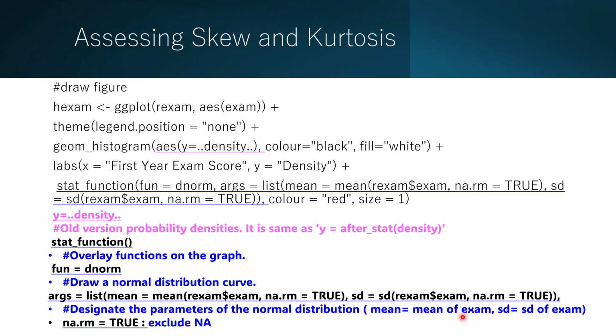Mean equals the mean of the exam dataset. SD, standard deviation, is the standard deviation of the exam dataset. na.rm equal TRUE, then exclude NA. Then we get the histogram and the density function.